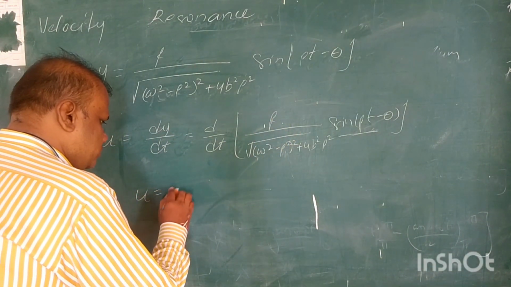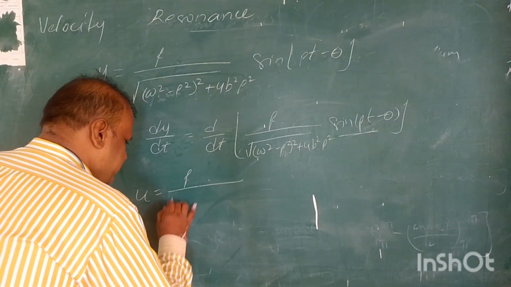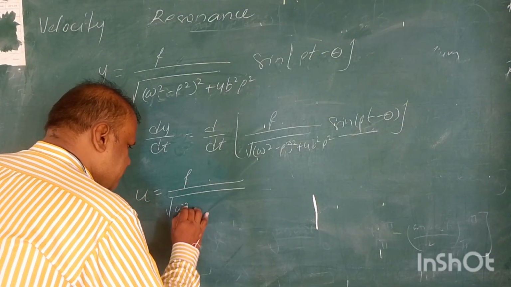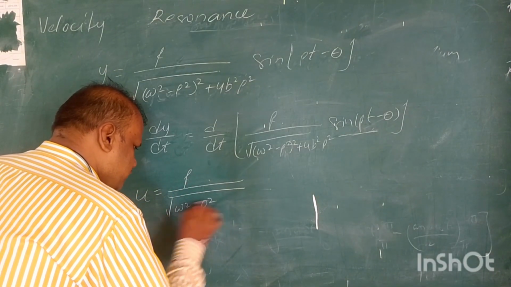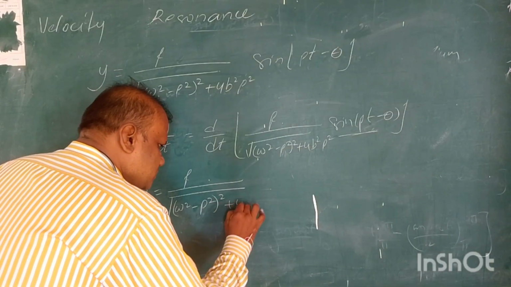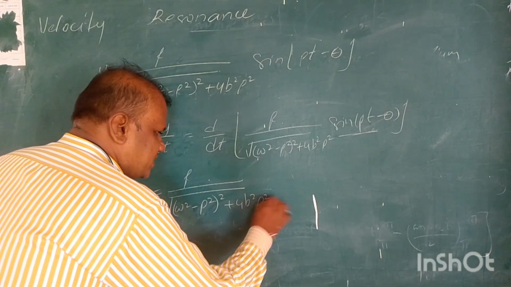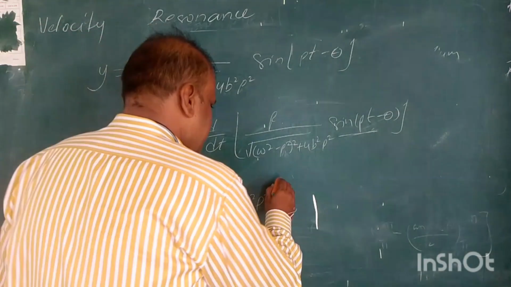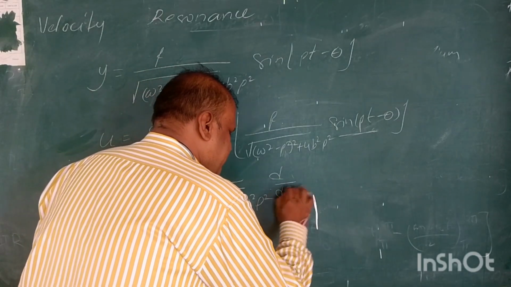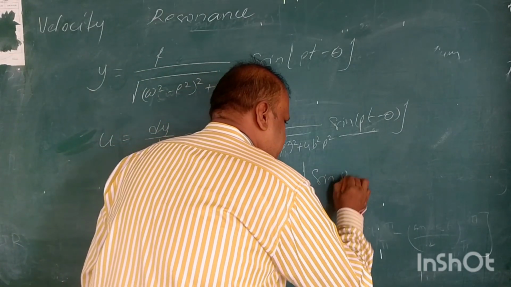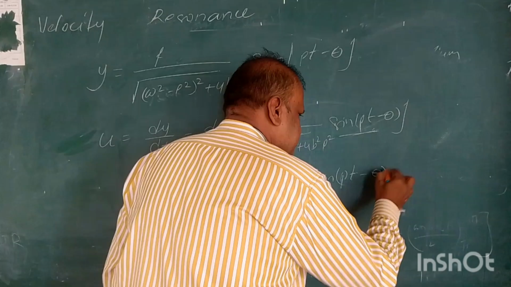Therefore velocity u equals f divided by under root of (omega square minus p square) whole square plus 4b square p square, which is constant. Then differentiation of sine gives sine pt minus theta.